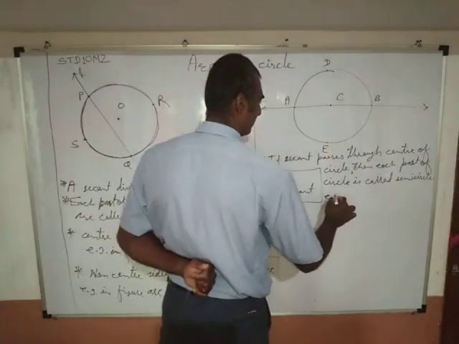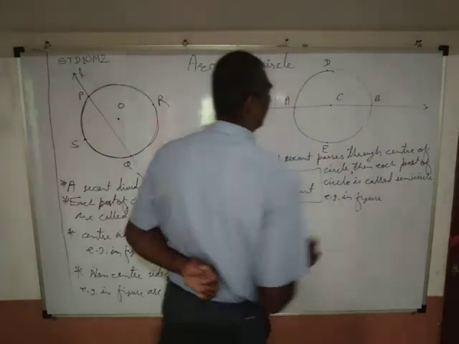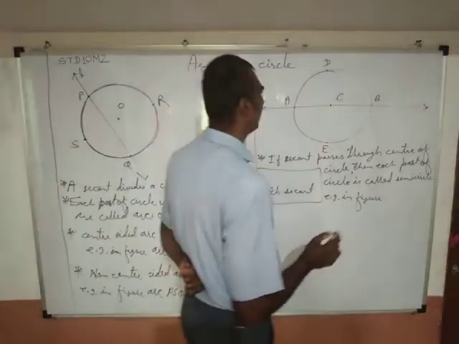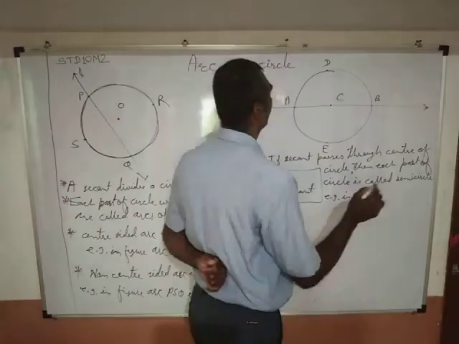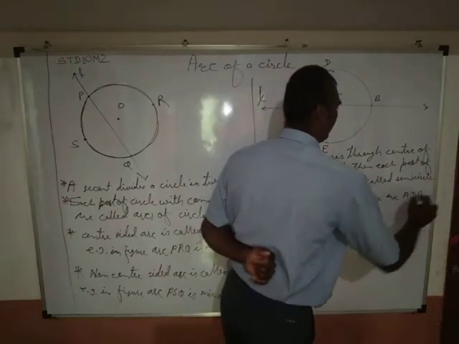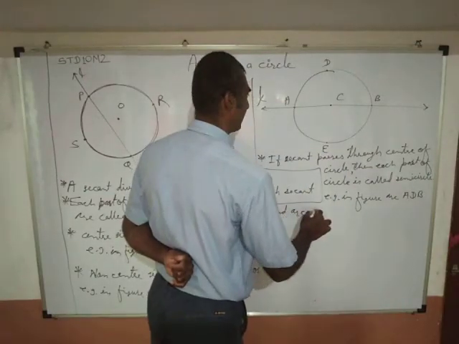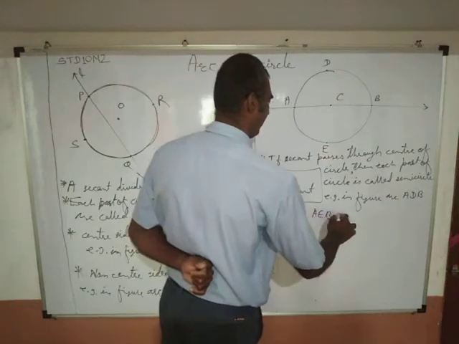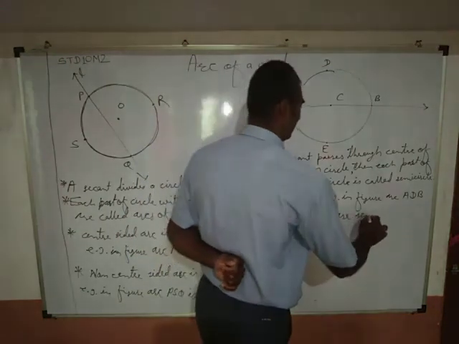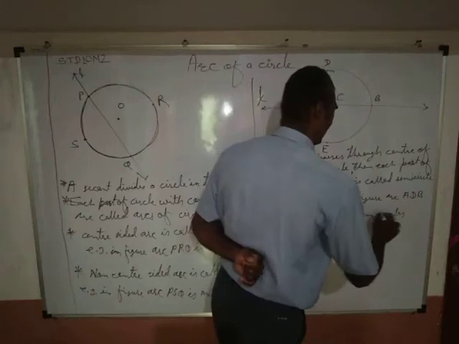Example in figure, arc ADB and arc AEB are semicircles. Okay.